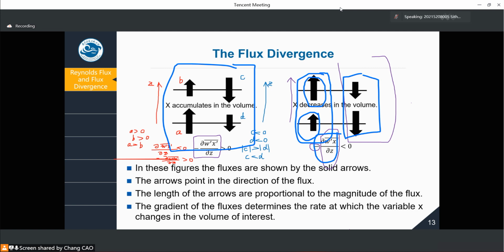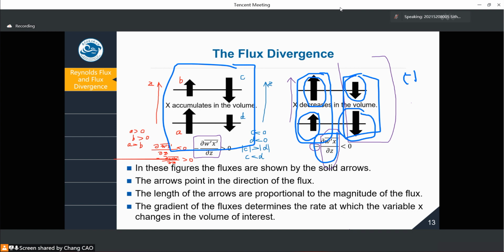So downward arrows represent negative. Yes. So it means it is smaller than 0. Okay. So considering the length of arrows, this one is bigger than this one because this one has higher length.